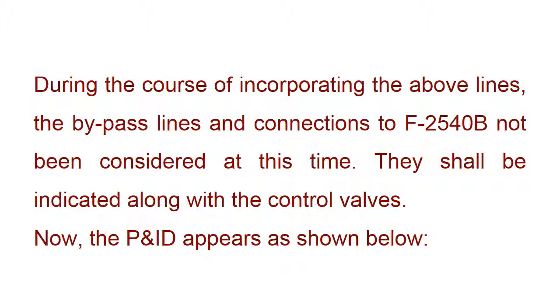During the course of incorporating the above lines, the bypass lines and connections to F2540 have not been considered at this time. They shall be indicated along with the control valves. Now, the P&ID appears as shown below.